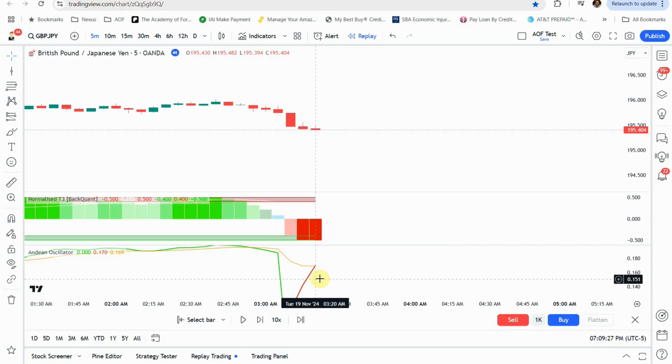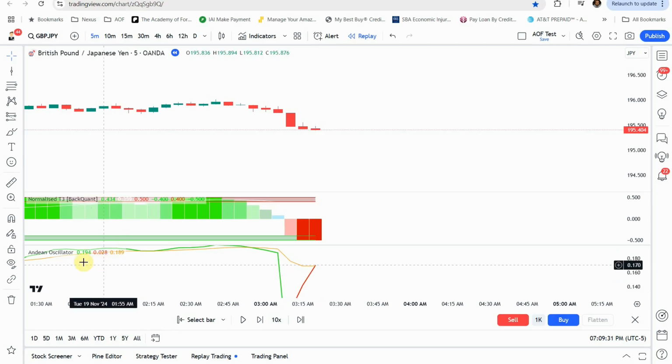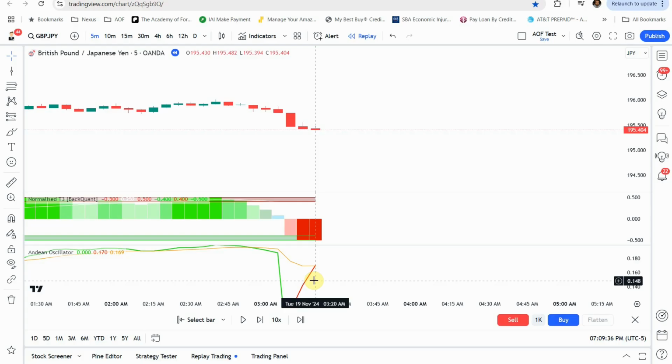A handy little tip is if you hover over this bar right here and look at the coordinates above my mouse, it gives you the numbers. The red line is the red numbers, and it is at 0.170, which is just 1 higher than the 0.169 of the orange line.